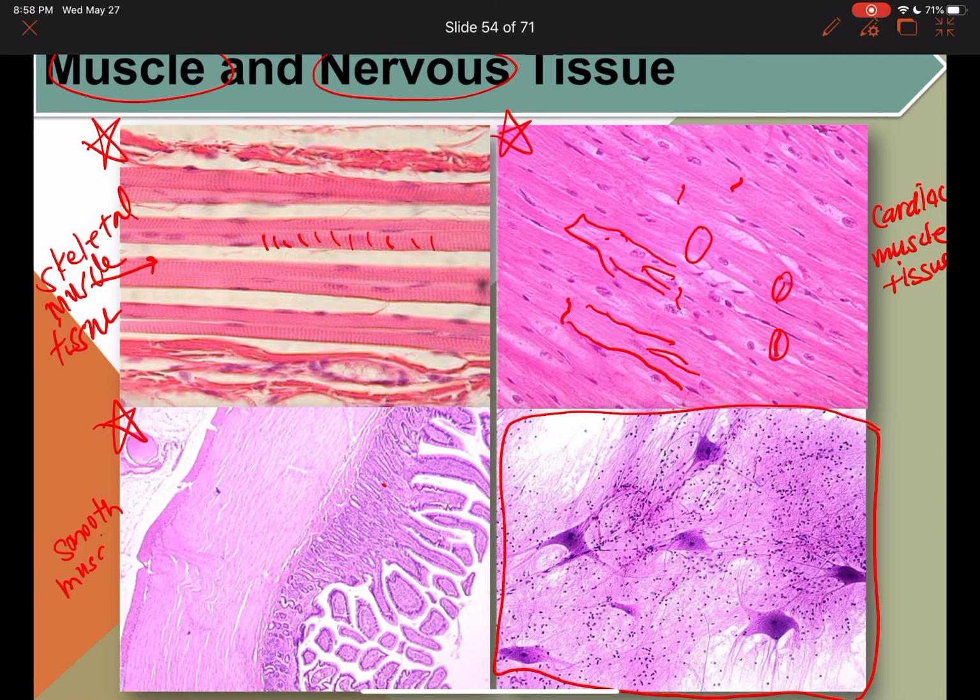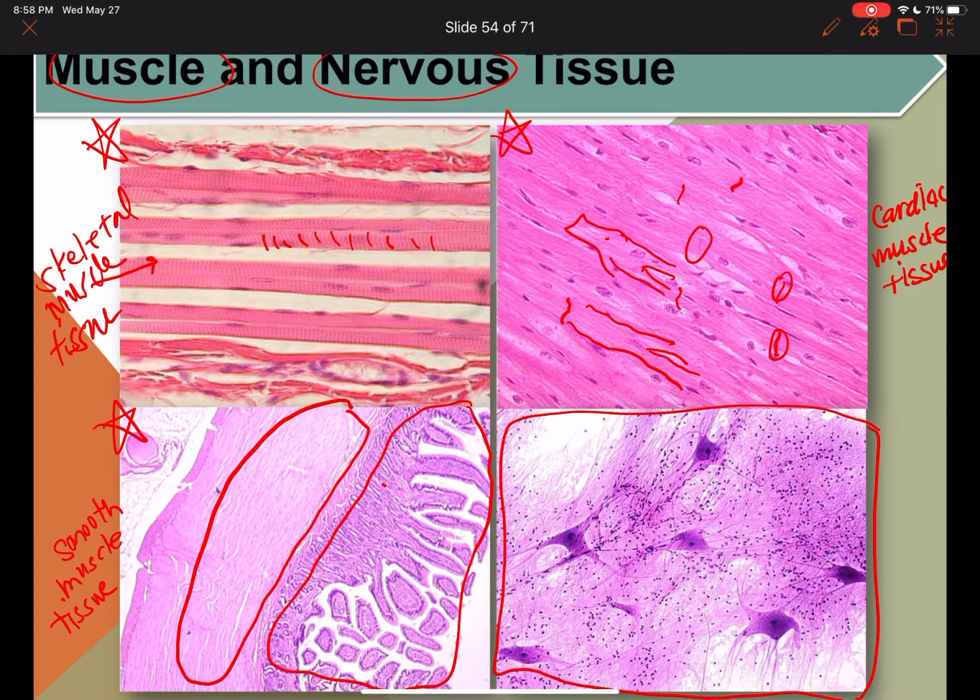And then lastly, you have smooth muscle tissue. And because they're usually residing underneath the intestines or stomach, etc., you will usually see epithelial cells that look somewhat like your simple columnar epithelial cells. And what's underneath that right here is your smooth muscle tissue. Those smooth muscle tissues are usually right next to your epithelial tissue.